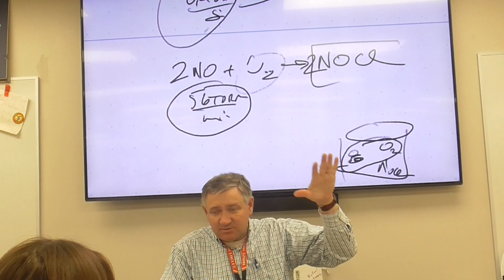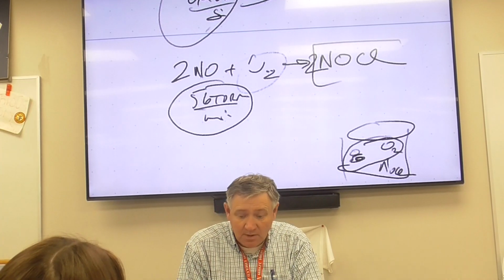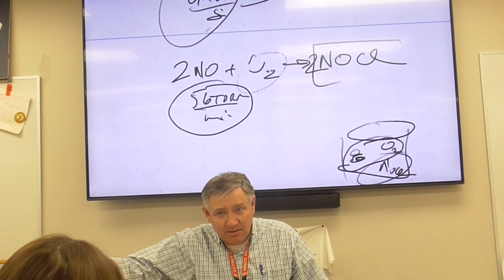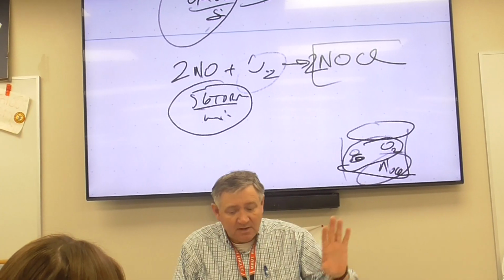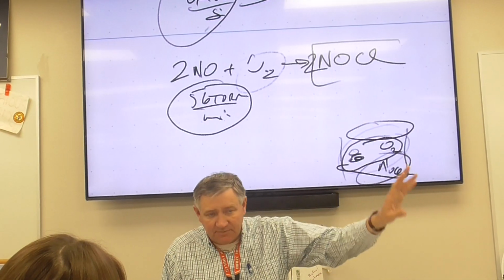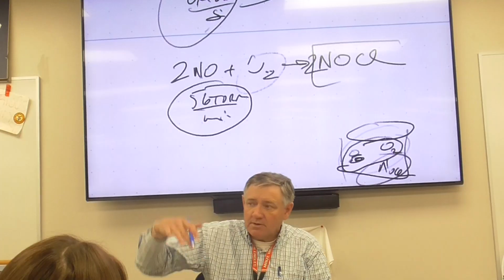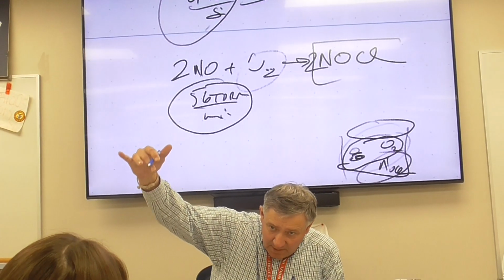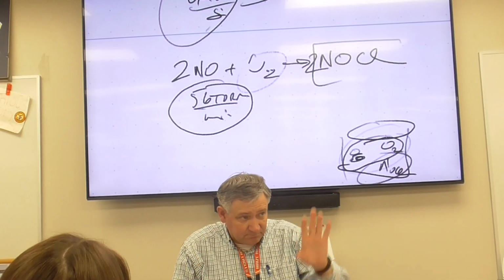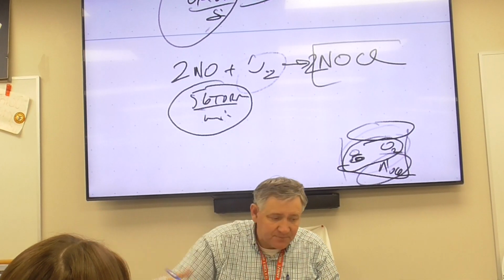So that pressure is becoming less because they're getting consumed, okay? The pressure from the NOCl is increasing because you're making more of those. So you're dropping the pressures from the oxygen and the nitrogen monoxide. Those pressures are going down. Your NOCl pressure is going up, okay? Got the visual. Two things are dropping the pressure, one thing is increasing the pressure.